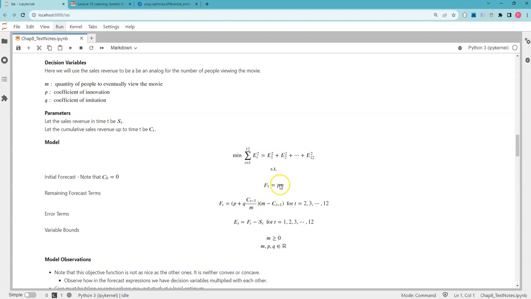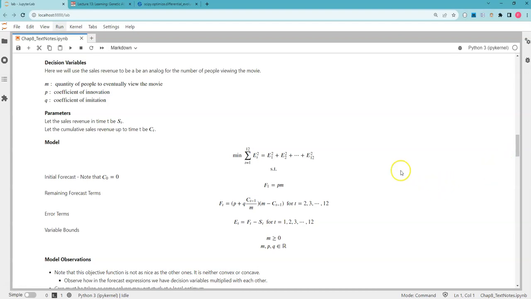I've got p times m right here actually in the first forecast step as well. Well, that would be a product between two decision variables there. And that right there in and of itself breaks down our definition for convex and concave functions. So basically what we do is we have to be careful then about when we see a solution, is it optimal or not.